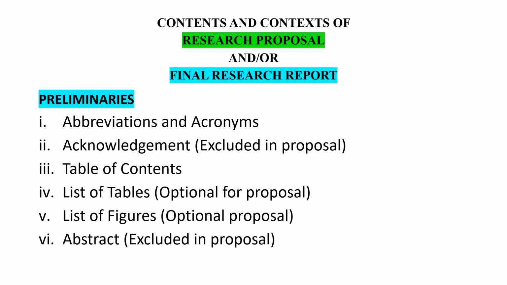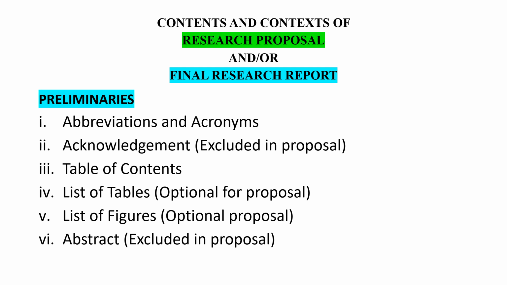Now we move together to the contents and context of the research proposal and the final research report. The research proposal and the research report are different, as I've already mentioned. These are the outlines for both of them, but there are places where components are excluded, especially in the case of a proposal. The first part of the contents of the research proposal and research report is the preliminaries part.